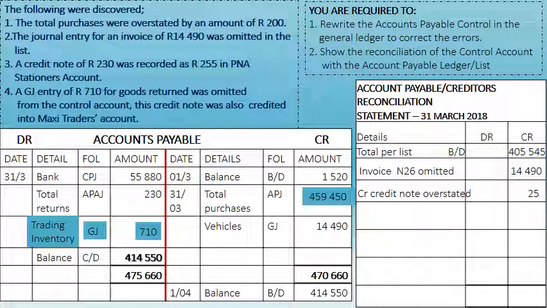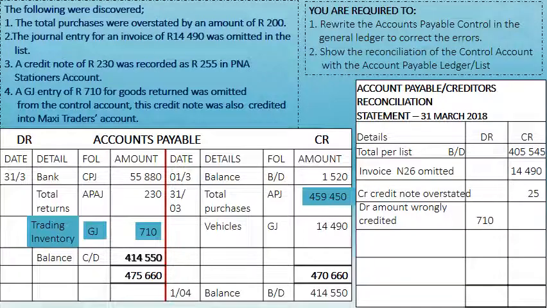The first debit entry is the cancellation of the credit error that was made. The second entry will be to bring the credit note into the books. We will therefore show the entries on the reconciliation as follows.